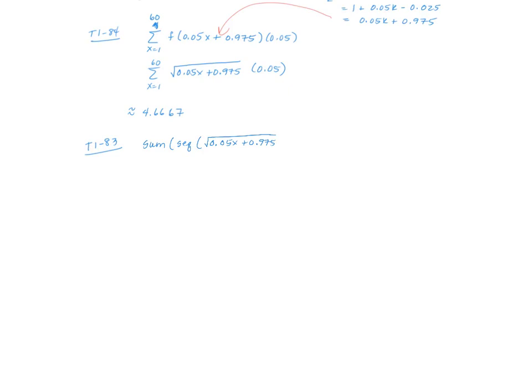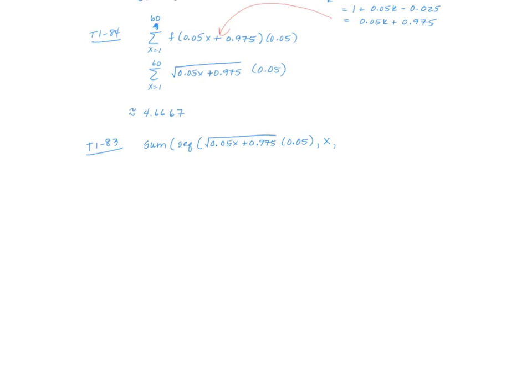So that's your f of x sub k star, but then you're going to multiply that by 0.05, your delta x, comma, tell your calculator to use the x values to put in your numbers from 1 through 60.